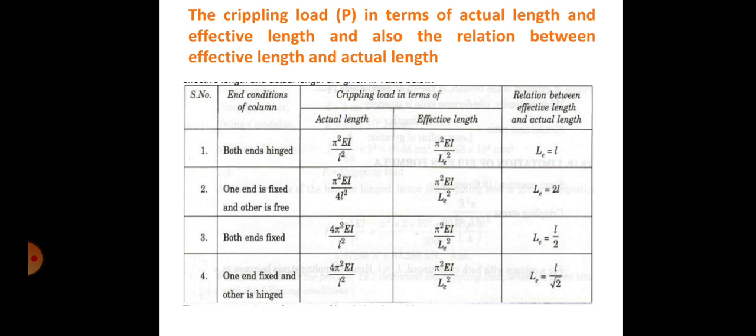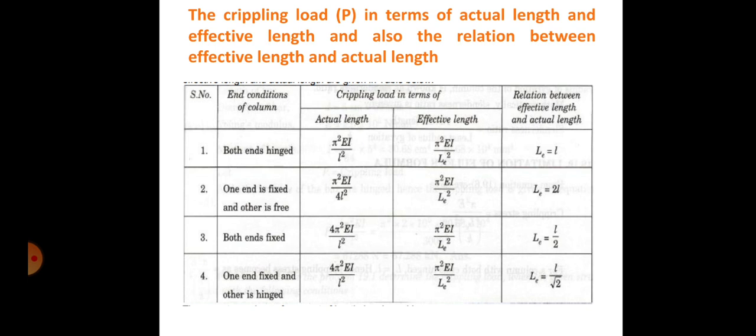The relationship between the equivalent and the actual length is given in the chart for the four end conditions. When both ends are hinged, the effective length and the actual length are the same. When one end is fixed and the other end is free, the effective length is 2 times the actual length. When both ends are fixed, the effective length is L by 2, half of the actual length.